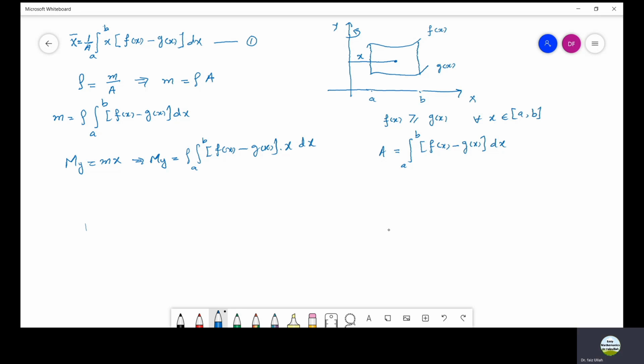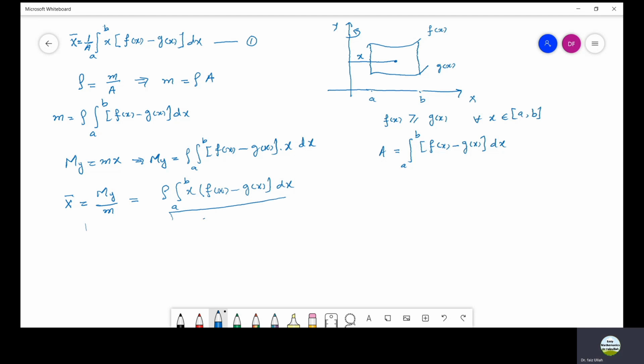And now to find the x coordinate x bar, that is equal to the moment about the y-axis divided by mass. So let us substitute the value of My, which is equal to rho times the integration from a to b, where we write x here, of f of x minus g of x dx, divided by m.